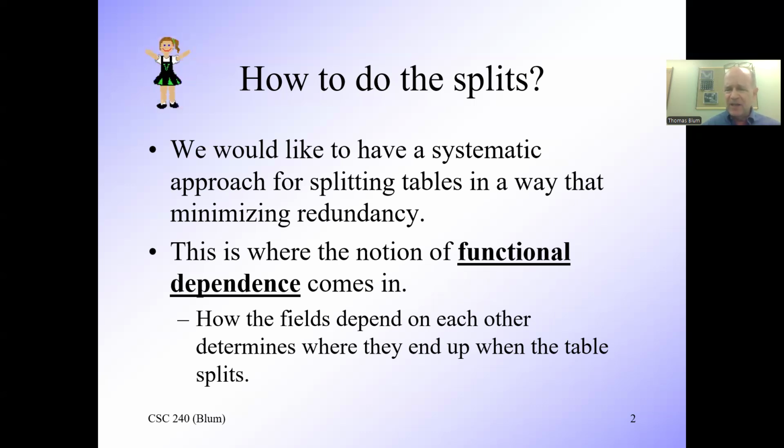So we have this table, and the sample data provided a number of columns, of fields, and now we'd like to know how do they depend on each other? How does one field depend on another? And those dependencies can inform us about how to split up the table.